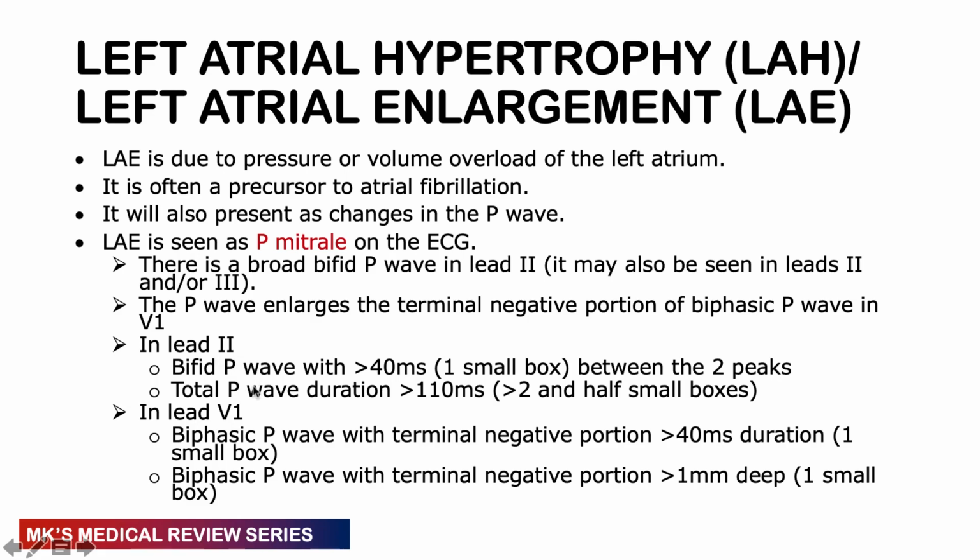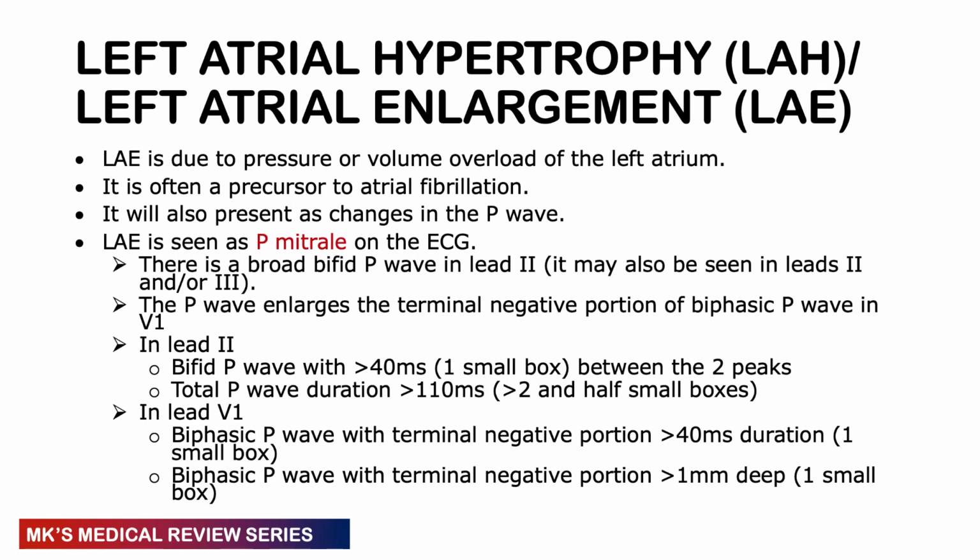We say that they are bifid if there is greater than one small box width between the two peaks, and of course if the total P wave duration is greater than 2.5 squares, and we see this in lead 2, this is suggestive of a P mitrale. It looks like an M, if I can say so, like two humps of the P wave. That's going to be a P mitrale.